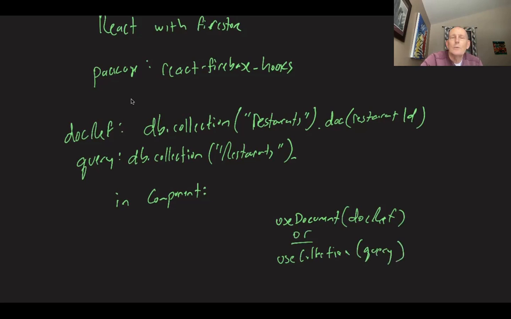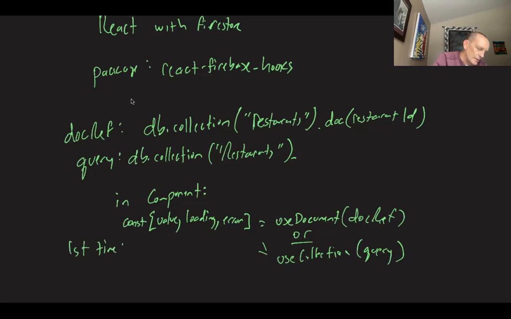When we do that, we get back a triplet, for either useCollection or useDocument. The triplet consists of value, loading, and error. When this hook first runs, you're going to get back loading is true, and value is going to be null and error is going to be null.